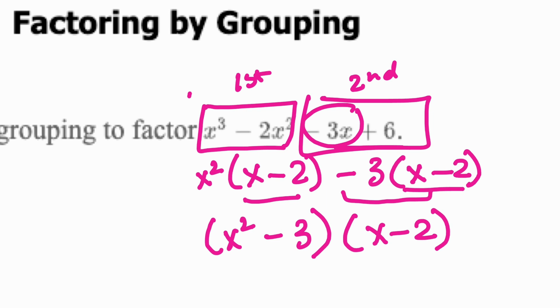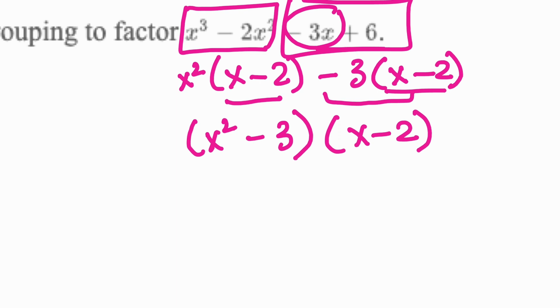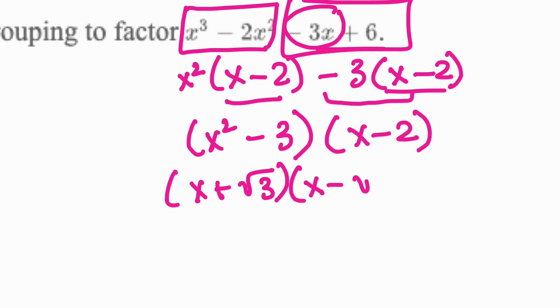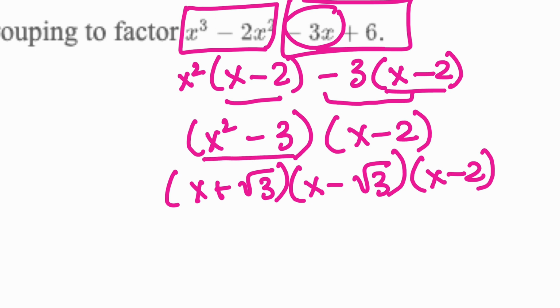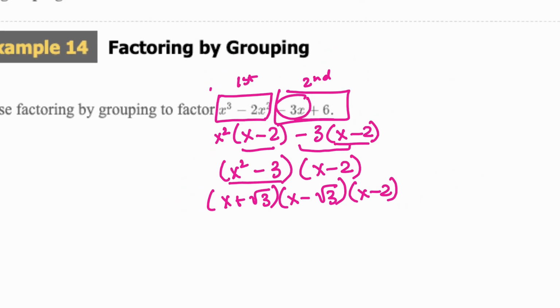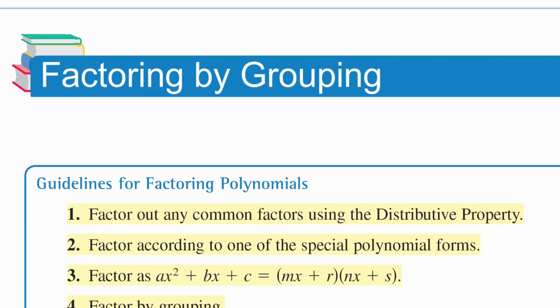And we can go further, if this is over the real numbers, and say that this is x plus the square root of 3 times x minus the square root of 3 and then x minus 2, because we know that we have the u squared minus v squared here. And so that's our factoring by grouping.